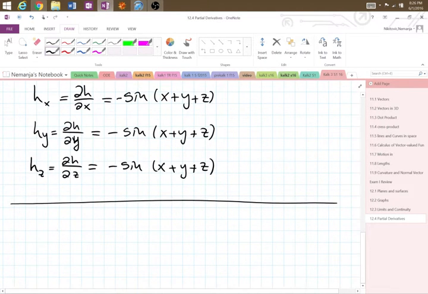Let's take a look at this. Oops. The square root.